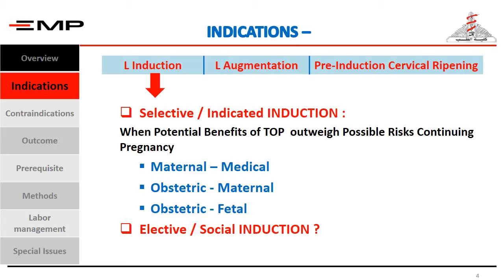As for induction of labor, it is indicated when potential benefit of termination of pregnancy outweighs possible risks of continuing pregnancy for various maternal, medical, obstetric, and fetal indications. Common indications are past date, intrauterine fetal death, pre-labor rupture of membranes, antepartum hemorrhage, and hypertensive disorders with pregnancy. Elective or social indication with no clear maternal or fetal indication should be avoided, especially before 39 weeks due to increased maternal, fetal, and neonatal risks.